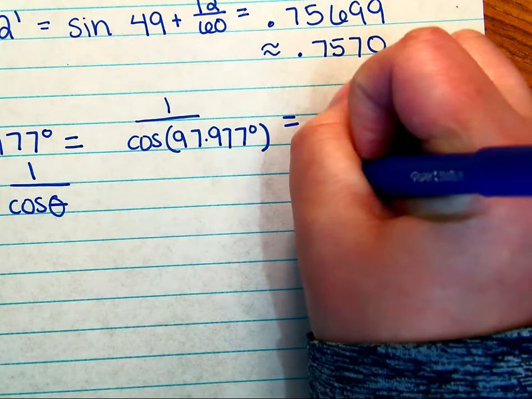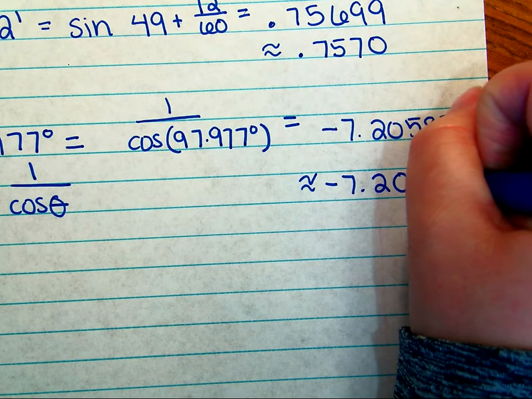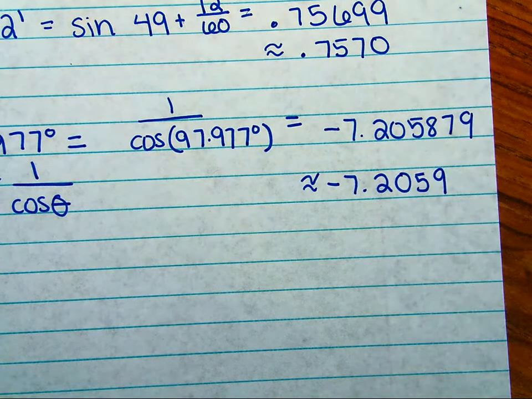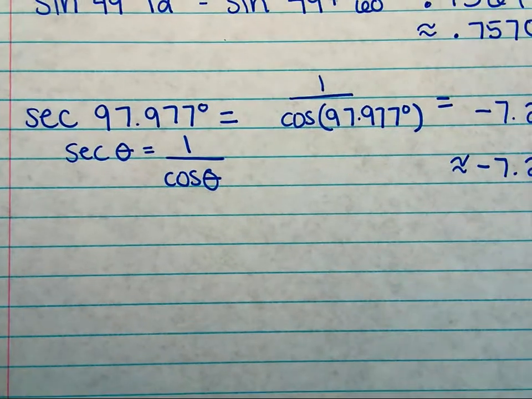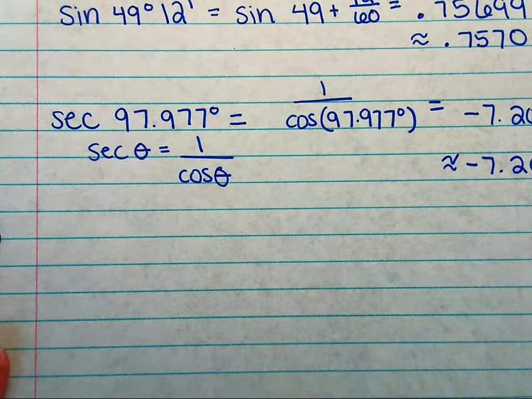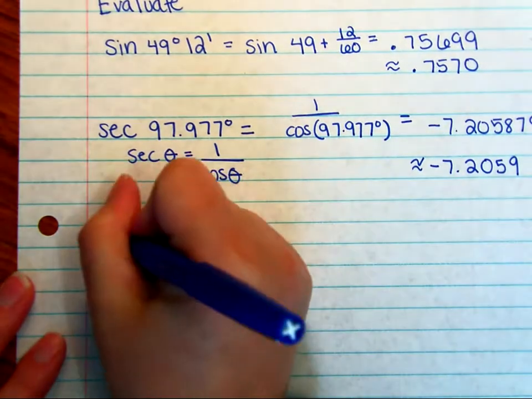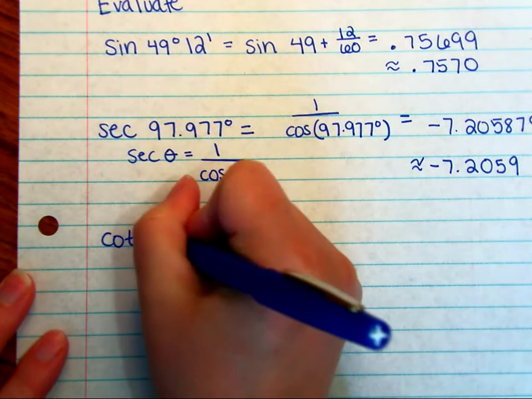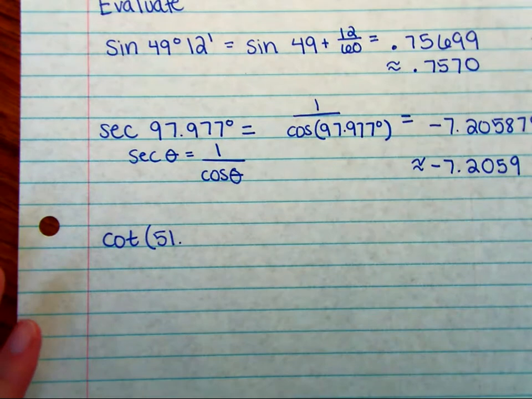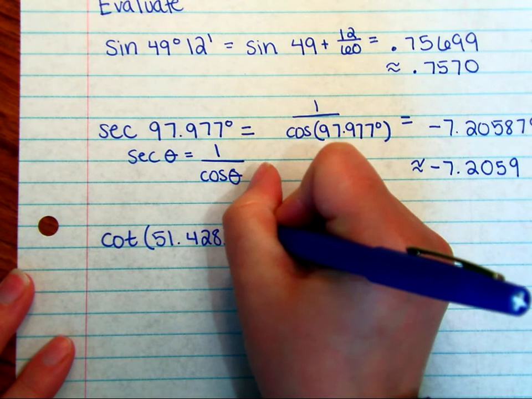Okay, round to about 4 decimal places. And you'll just have to check directions to see how many decimal places they want. Okay? This next one, maybe you try it before I get going. We're going to do the cotangent of 51.4283 degrees.